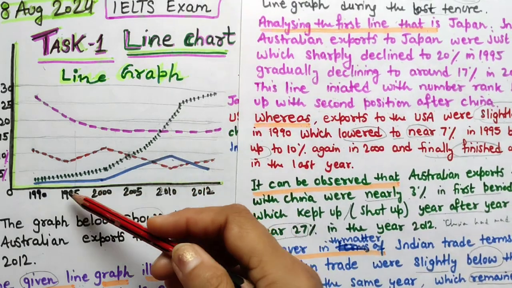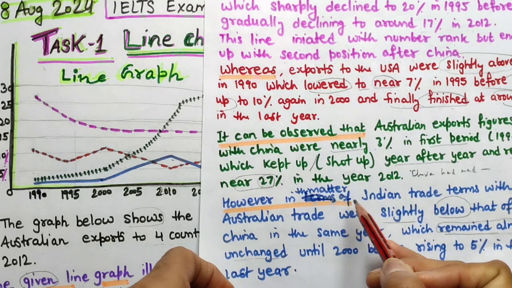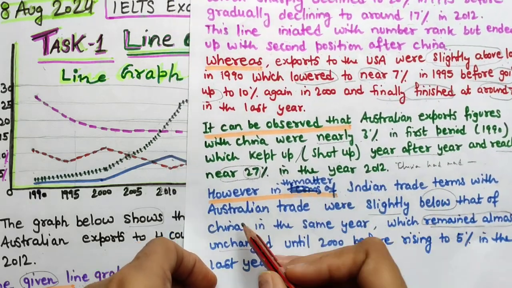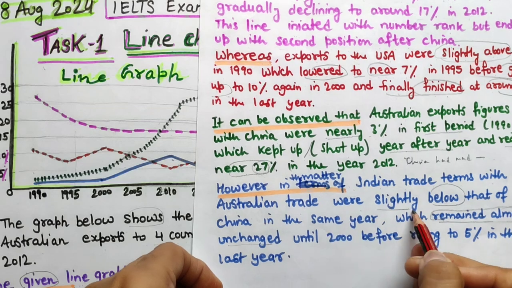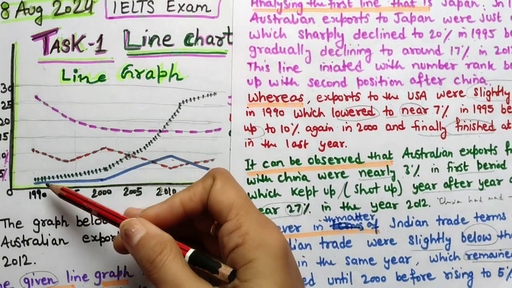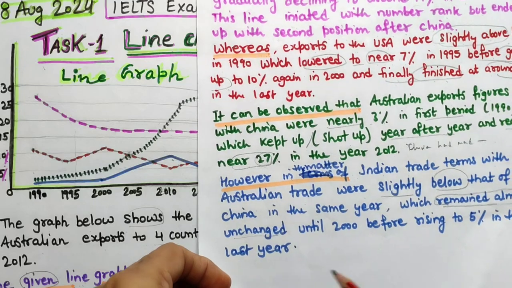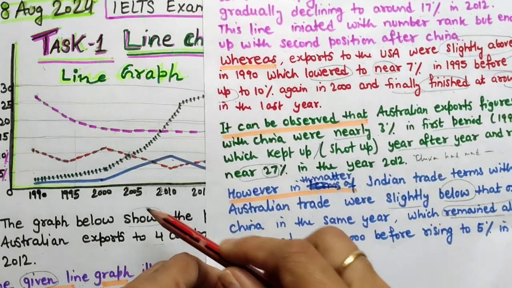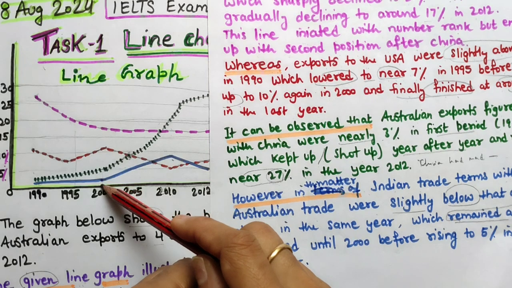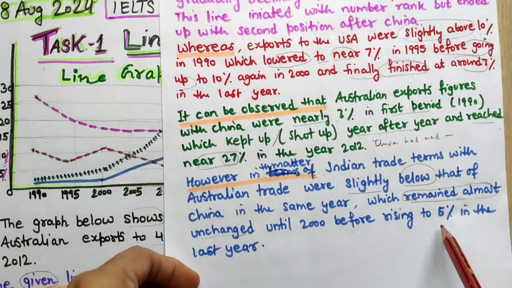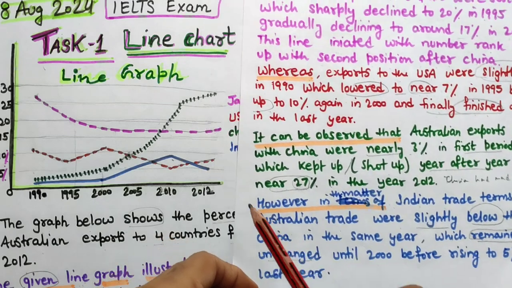Now the blue one, India. However, in the case of India, trade terms with Australia were slightly below that of China in the same year, which remained almost unchanged until 2002, before rising up to 5% in the last year.